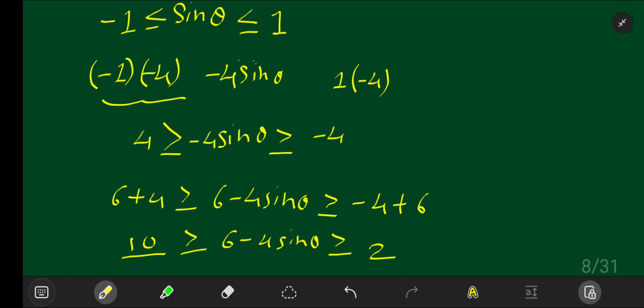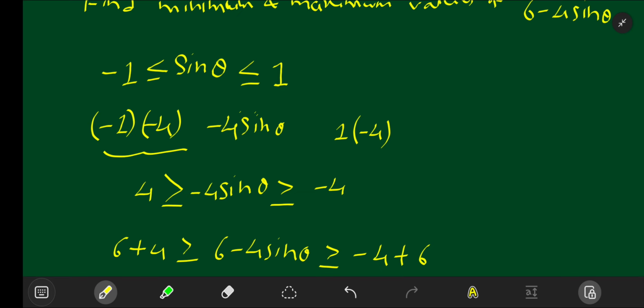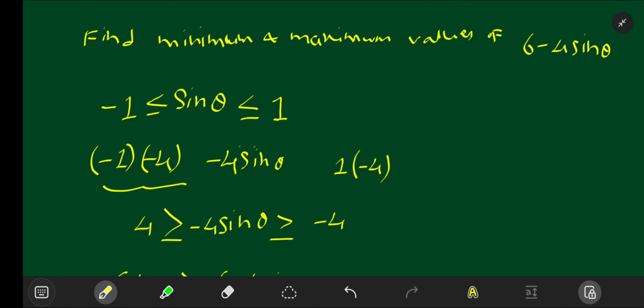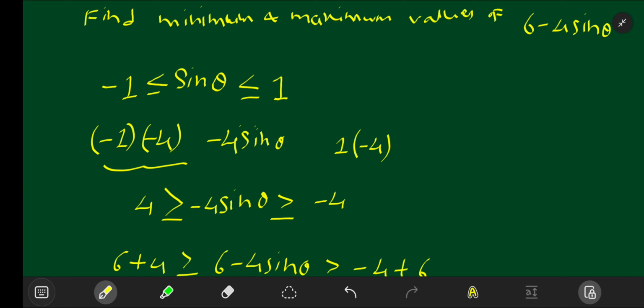So 10 is the maximum value and 2 is the minimum value. This is the actual step by step process of solving the problem. You have to solve the question in the examination in this way, but somewhat faster.